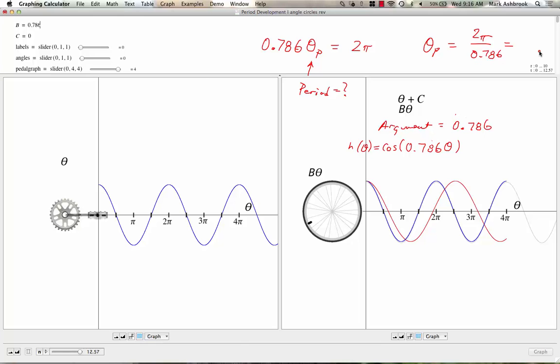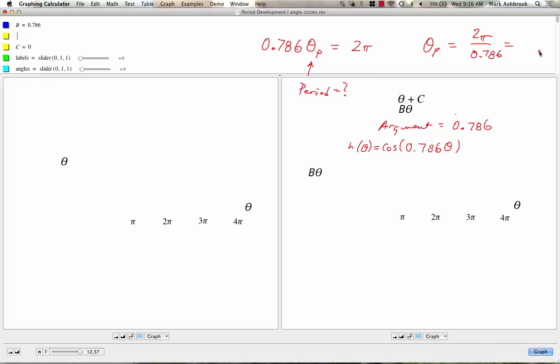We can get an approximation for that: 7.99, so it's just about 8.